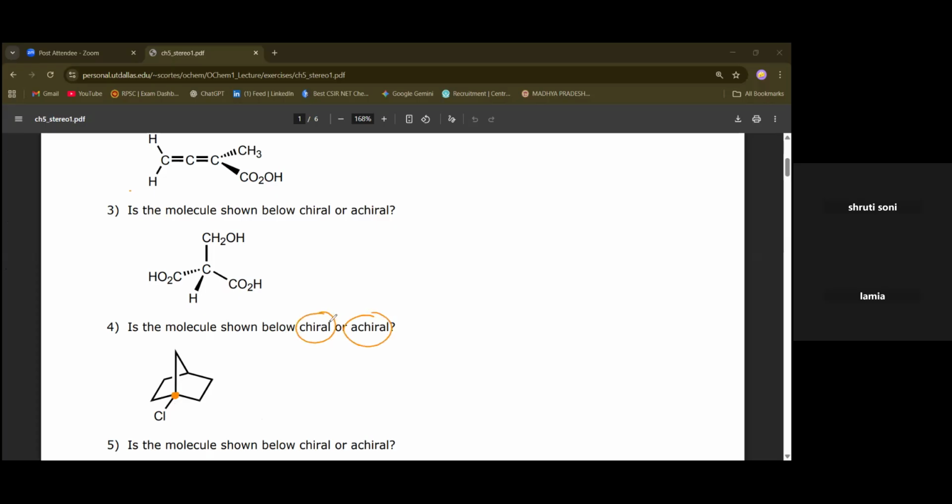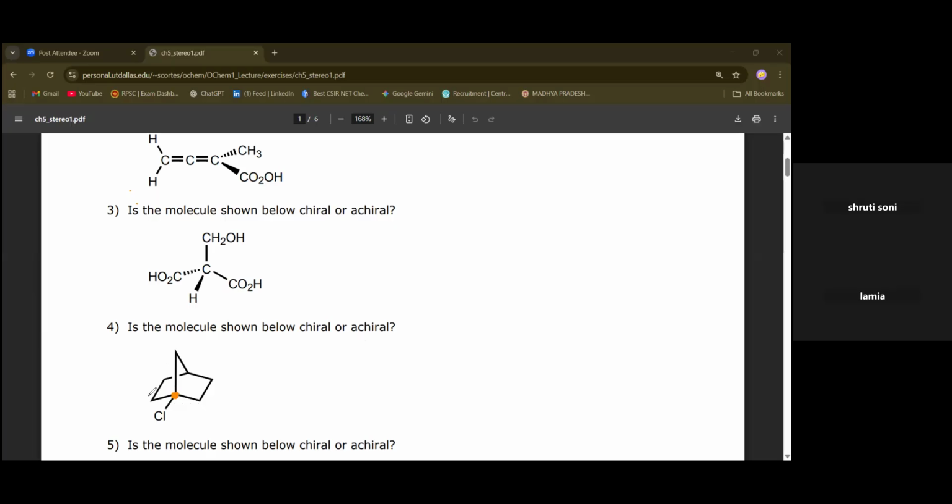I think the groups are not all different. In case of chiral, they need to be all different. But in case of achiral, the groups can be the same. Okay. So firstly we will check for a chiral carbon. Is there any carbon which has all four groups different in the case of the fourth question?